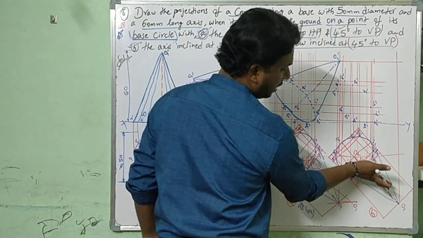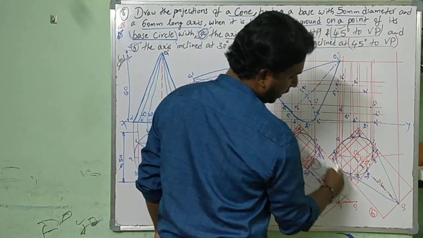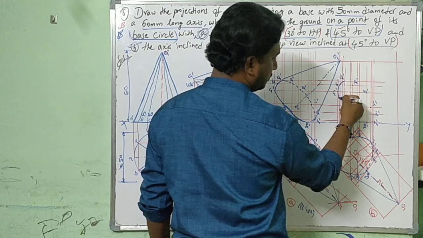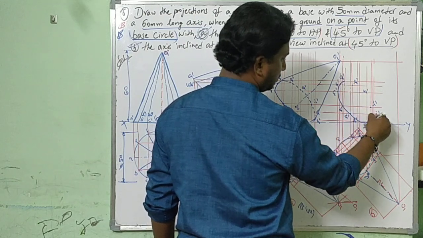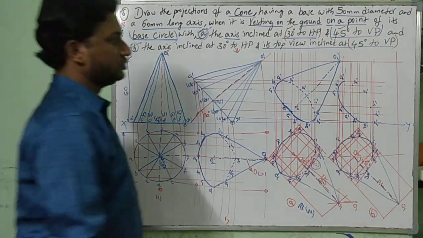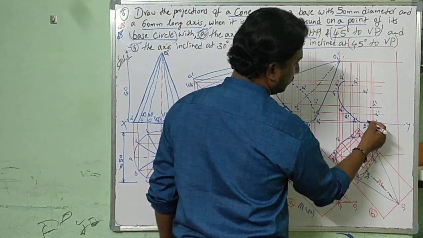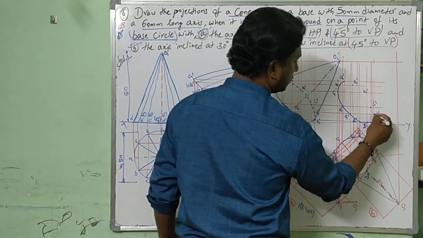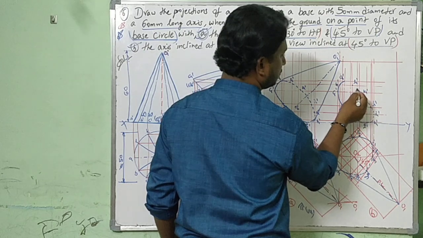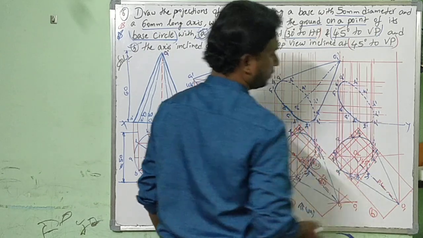With respect to this half again, A to G thick. G to L backside, hidden.